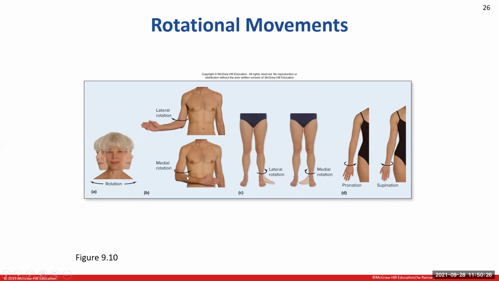If you bring your arm across your body, that's medial rotation. You're bringing it inwards. Same thing here with the leg. If you twist your foot outwards, that's lateral rotation, because remember, the anterior surface of the bone here, your shin bone, is now facing laterally. Now, if you turn your foot inwards, your shin will be facing inwards. That's medial rotation.